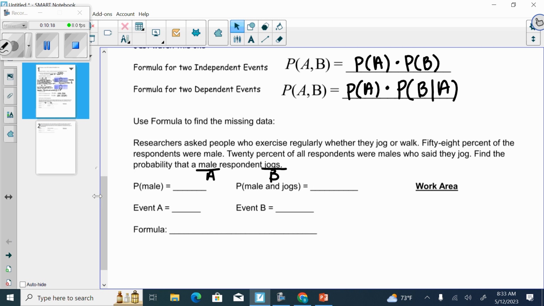All right, so what did they say the probability was that they talked to a male? 58%. So that's what's going to go right here. Okay. What did they say the probability was that it was a male and that they jogged? 20%. Good.